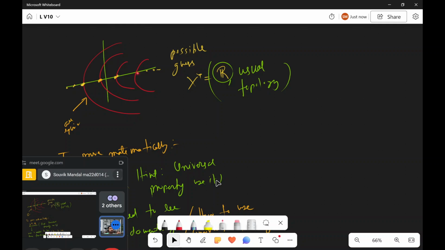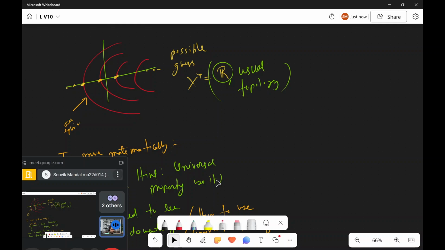This means if we consider those points on the x-axis, we will eventually get the whole X star, the quotient space. So this tells that the whole x-axis, the real line, is nothing but the quotient space. This is my claim. Now we are trying to prove that X star is equal to the real line.